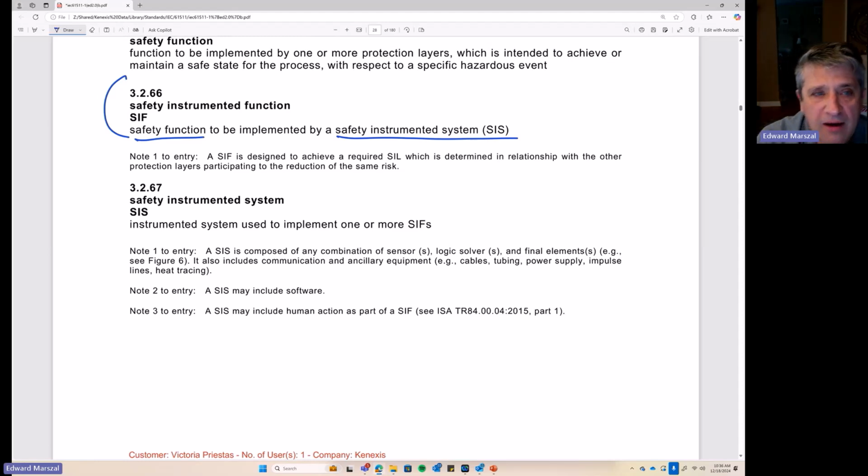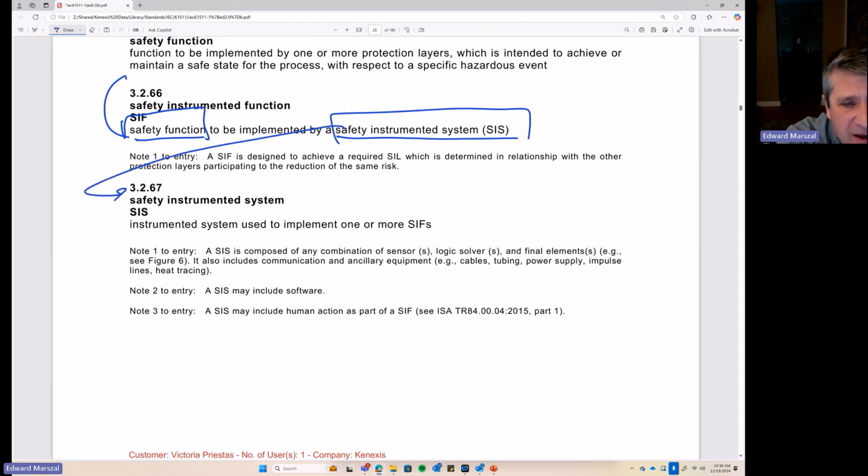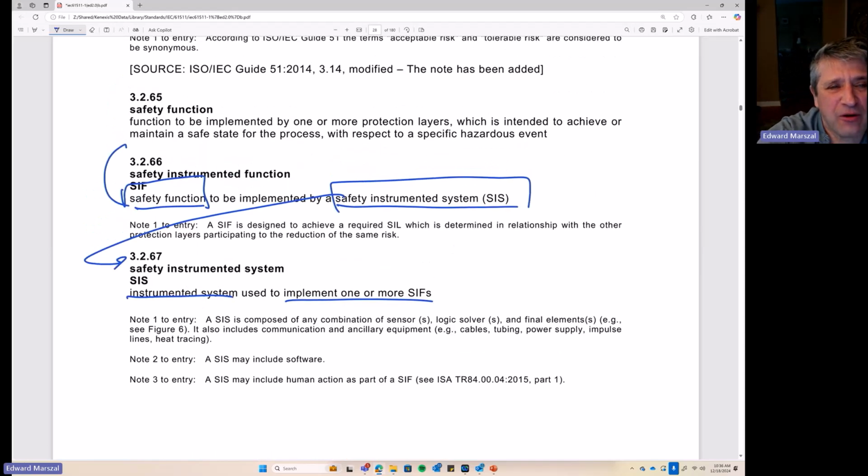Okay, so well, now I need to know, what is a safety function and what is a safety instrumented system? Okay, a safety instrumented system is defined as an instrumented system used to implement one or more SIFs. Well, that's real helpful. Okay, so maybe I really need to focus on this safety function.